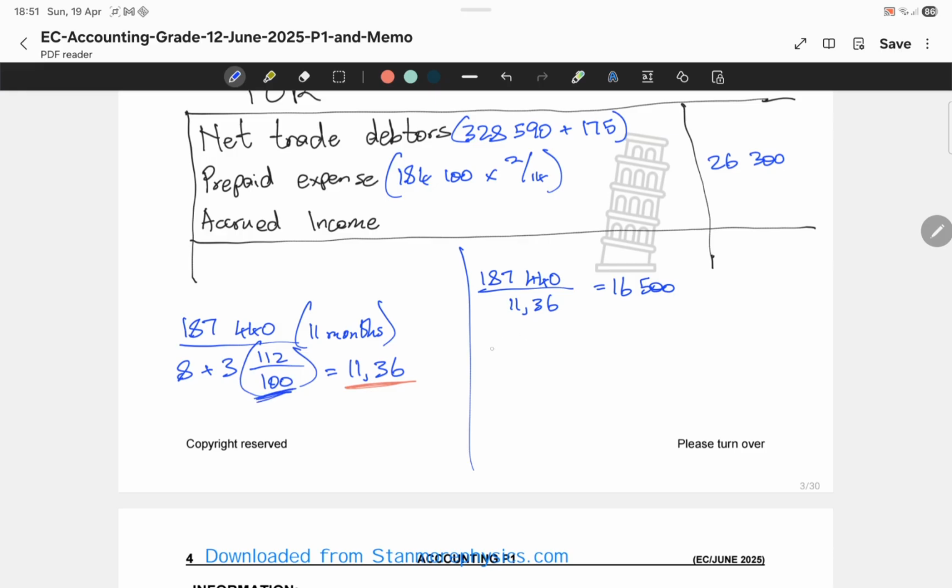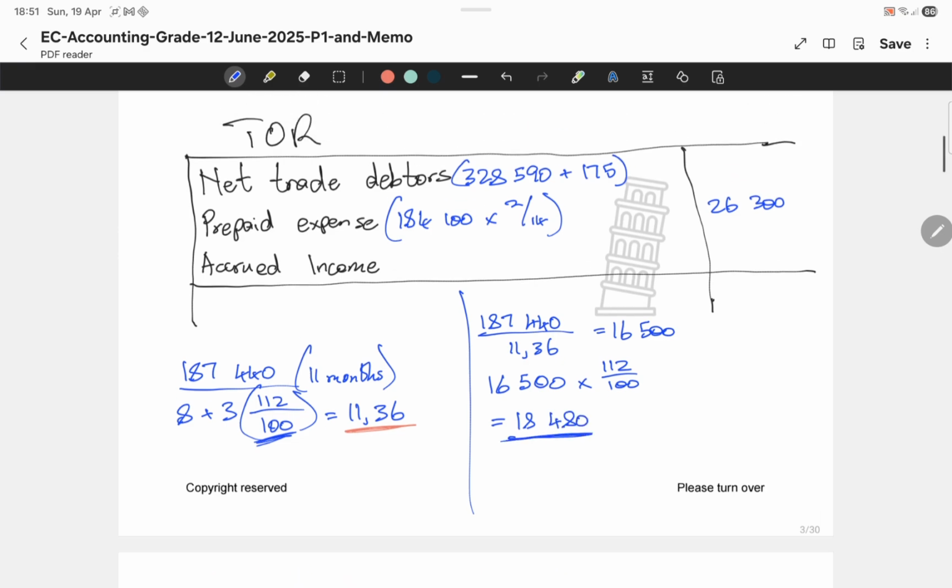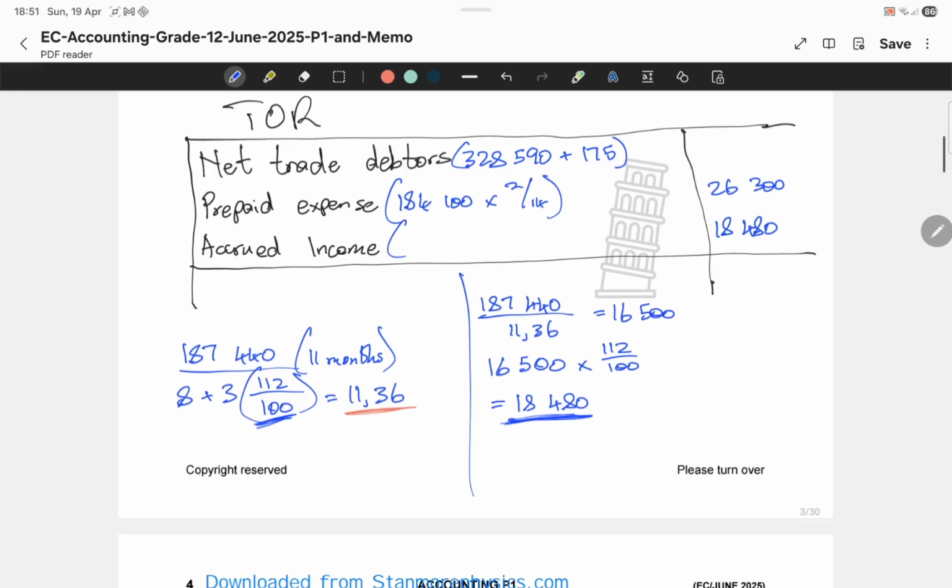Okay, so you're gonna say you have to add back the 12%. You're going to say 16,500 multiplied by 112 over 100. Okay, now you must get 18,480. Then you're gonna take the answer you've got, you record it here, 18,480.